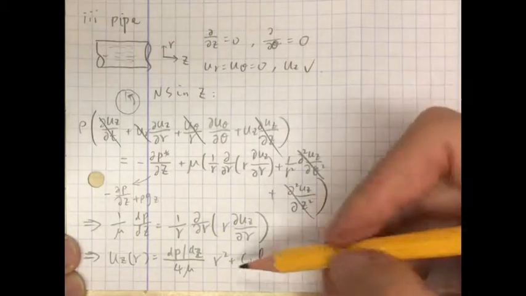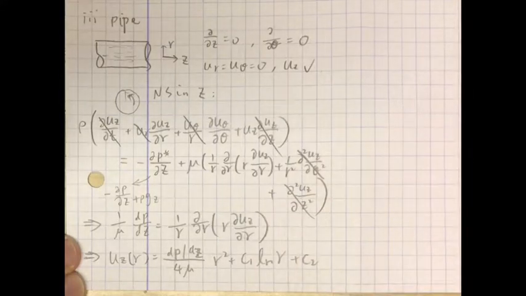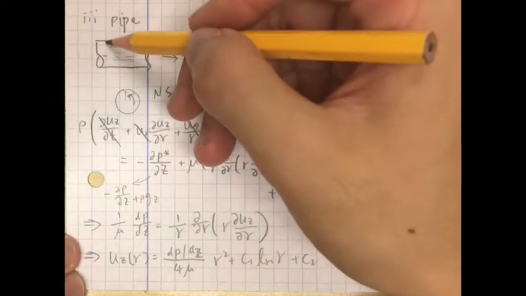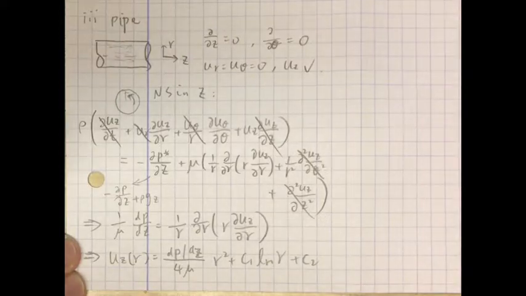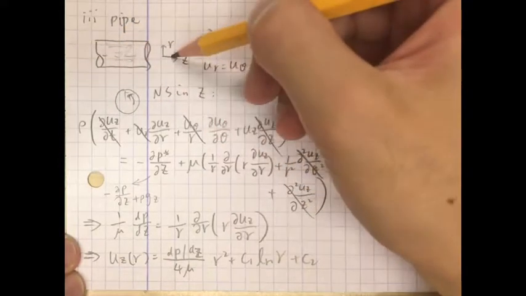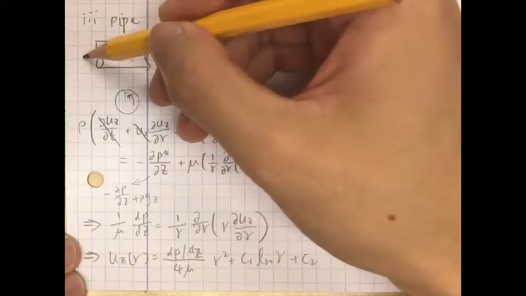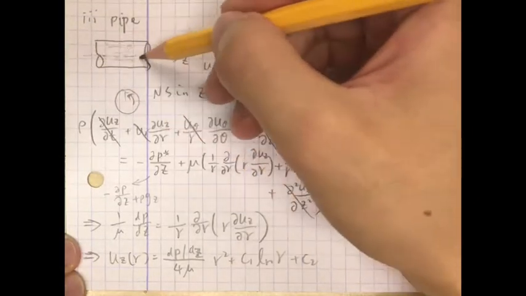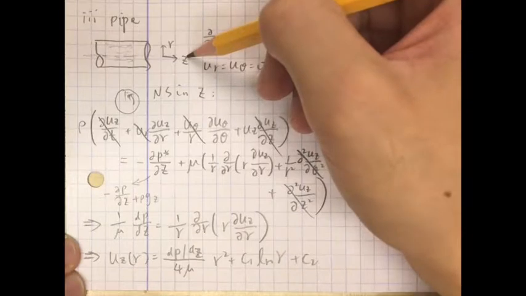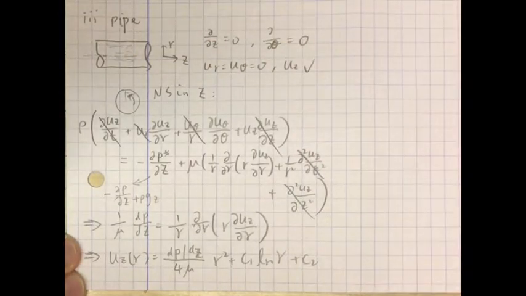Now we need to determine the c1 and c2, right? Can we have c1? I think we cannot, because the pipe is full of fluid. That means the fluid at r equals 0, that is the fluid in the middle, on the middle axis, has a finite velocity.